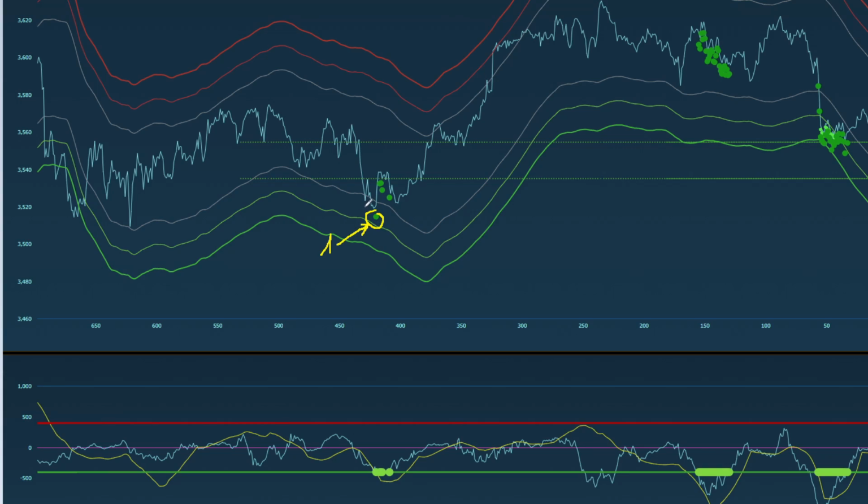The second thing is we want to have a good trade location. You can see that it's below the gray band, so it's a great trade location, right? Okay. And the third thing is that you want to see the blue line, the Momo 1, higher than the Momo 2.